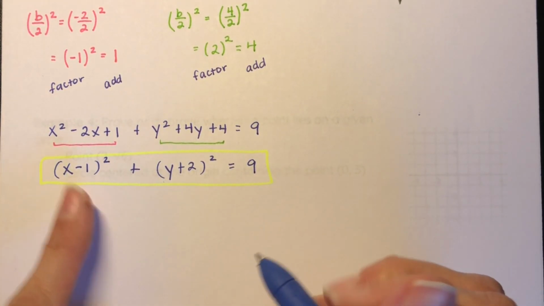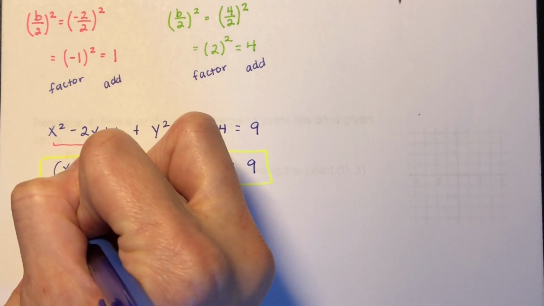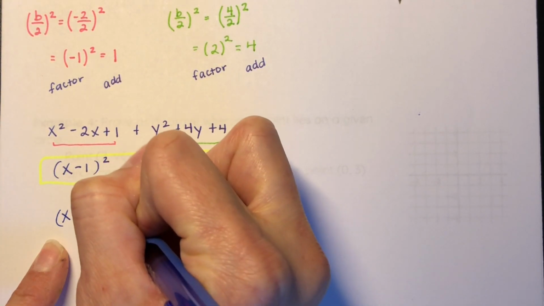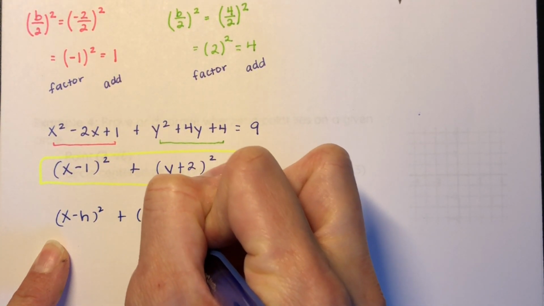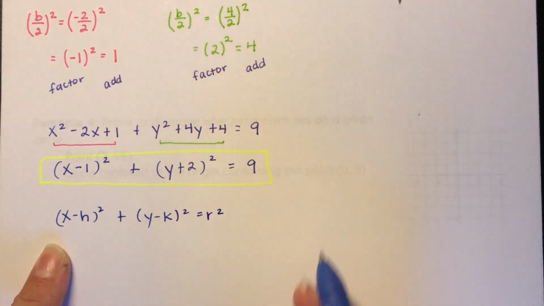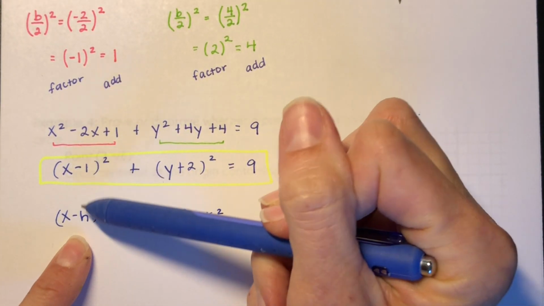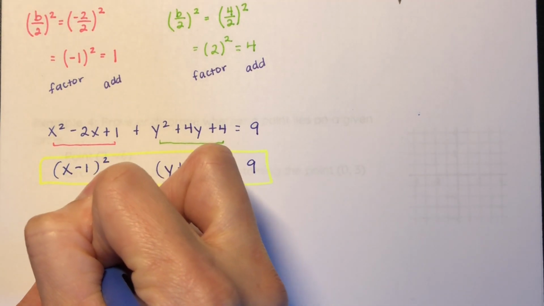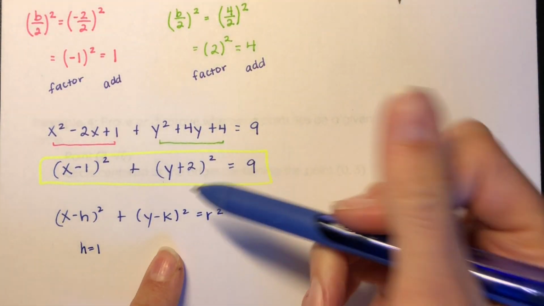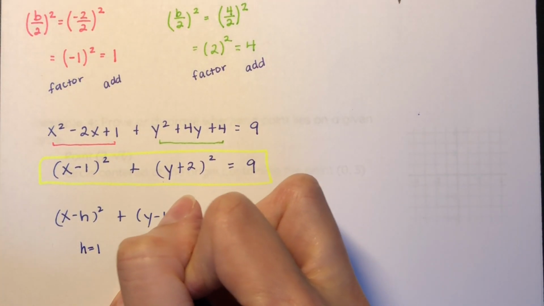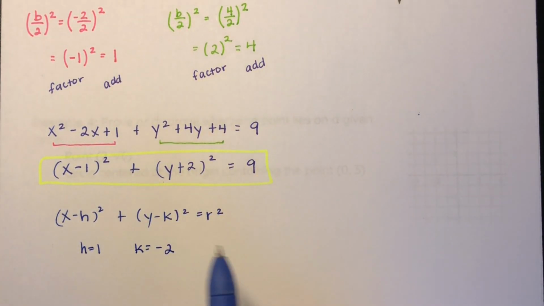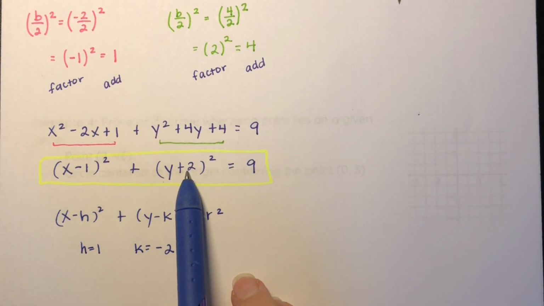All right, so remember my standard form of my equation is x minus h squared plus y minus k squared equals r squared. So I can see that h will equal positive 1, and k will equal negative 2. Remember, negative times a negative will be a positive 2.